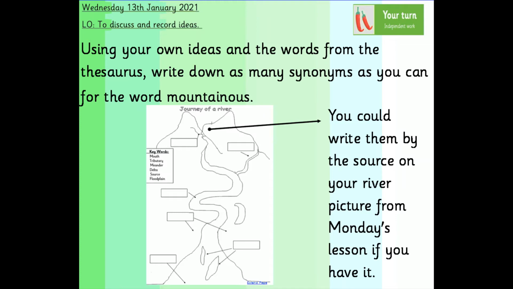Write down as many synonyms as you can for the word mountainous. You could write them by the source on your river picture from Monday's lesson if you still have it. You could write them in a different colour, maybe around where you wrote the word source. But don't worry if you don't have your river picture anymore. You could draw one now, or you could just get another piece of paper and write down as many different synonyms as you can think of for the word mountainous that we've had a look at today.